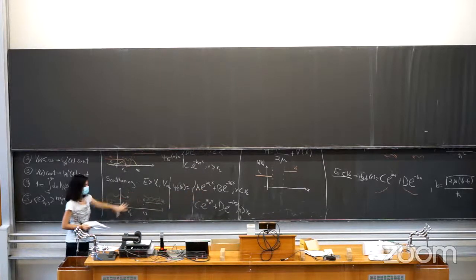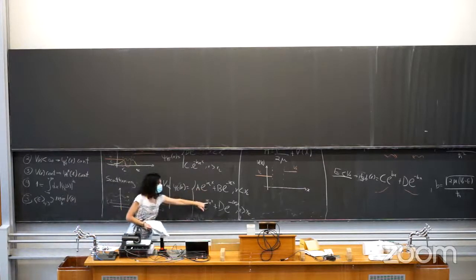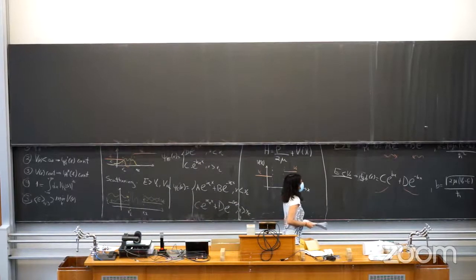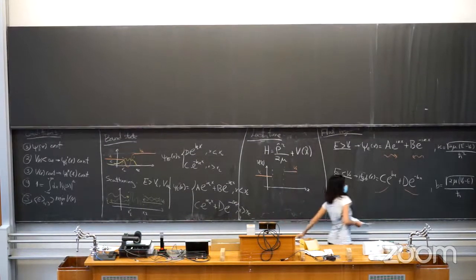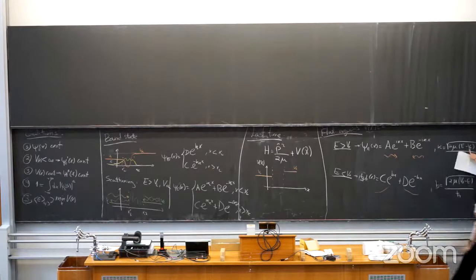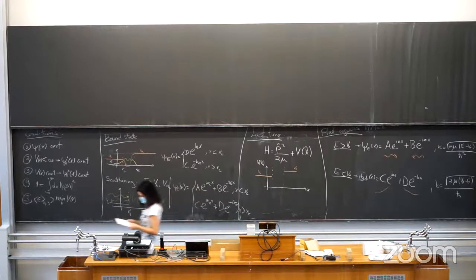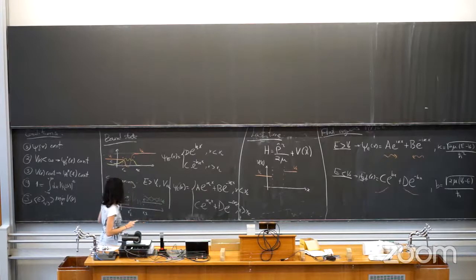This case is given by this, and this case is given by this, so they are different depending on the potential on the left and on the right. But now, the part that's important is that normally we are interested in solutions where this wave coming from the right is zero.